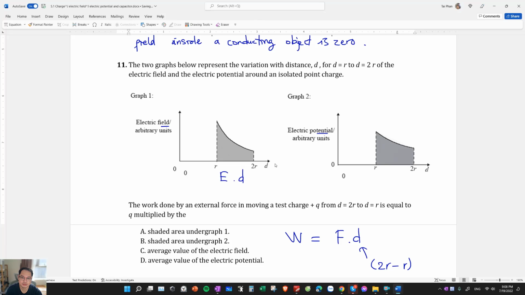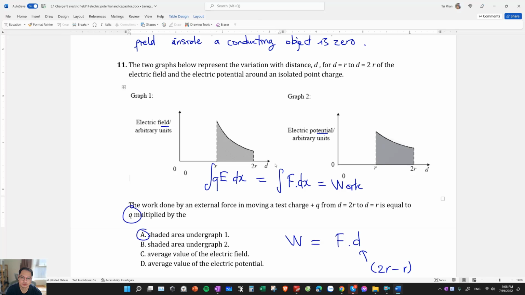Let's say this is E dx integrated, and when we multiply this with the charge Q, the product QE is the force. So that integration of force and distance gives the work. Okay, so that is the answer. The shaded area under graph 1 multiplied by Q gives the work. Not graph 2.